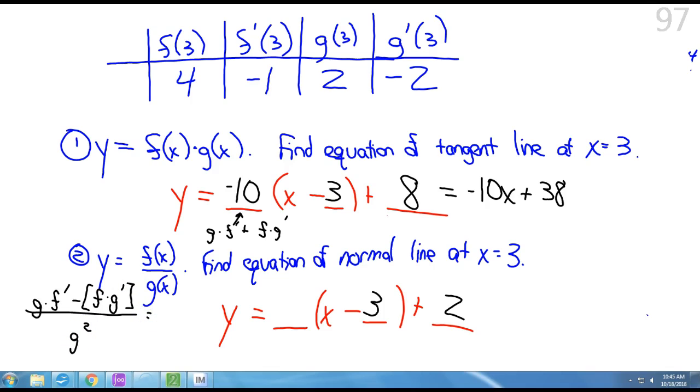So that is negative 2 minus negative 8 over 2 squared. So 6 over 4. What do you guys got? Or if you want to reduce it, make it 3 over 2, whatever.